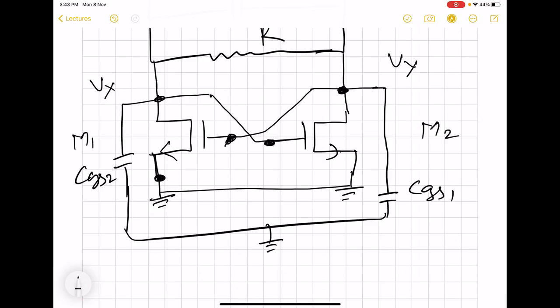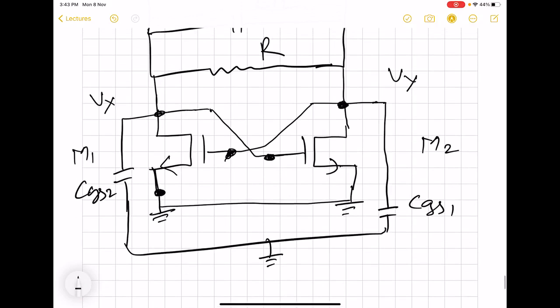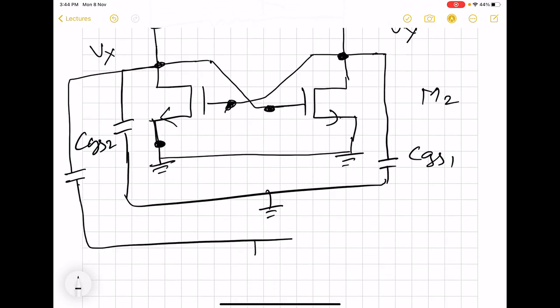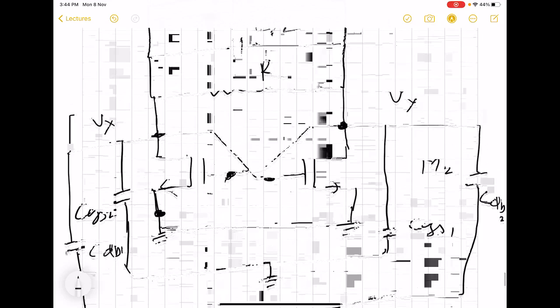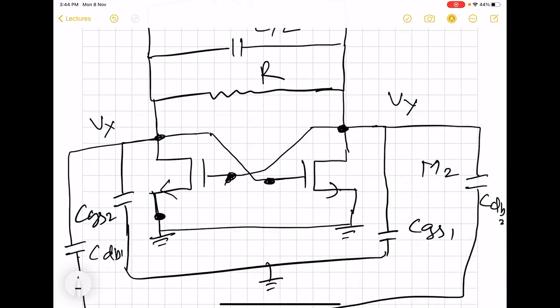Now let us talk about the drain to bulk capacitor. So there will be one capacitor between, say, drain 1 and bulk. Similarly, another capacitor between drain 2 and bulk, which is grounded, like this. Now let us talk about the gate to drain capacitor.